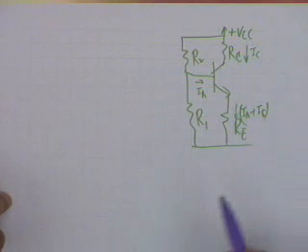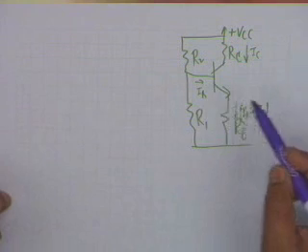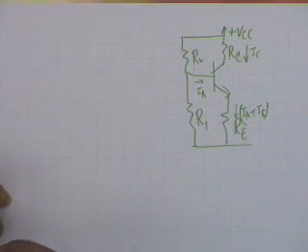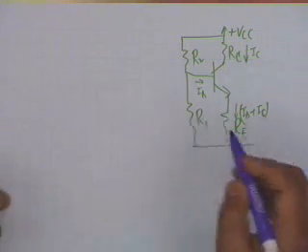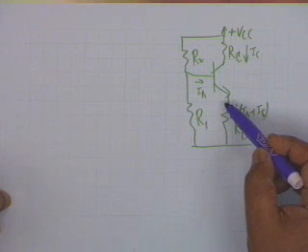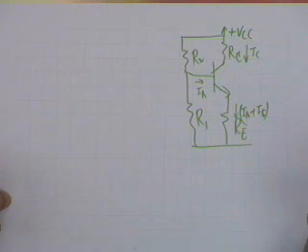Now, to analyze this quantitatively, the transistor must be replaced by an equivalent circuit. The base to emitter is a junction, a diode, and we assume that it is an ideal diode in series with a battery of VBE, which is approximately 0.7 volt for silicon and 0.3 volt for germanium.